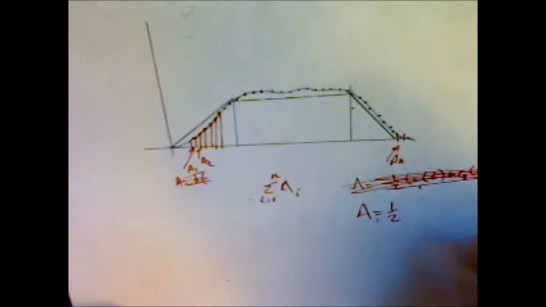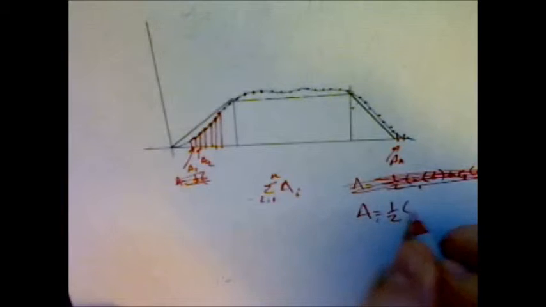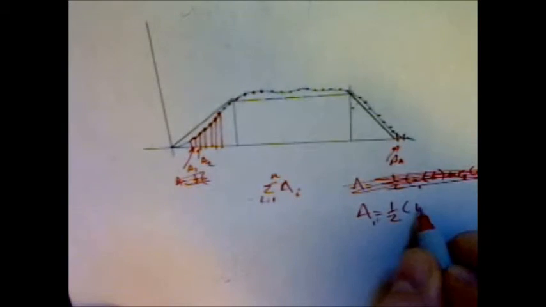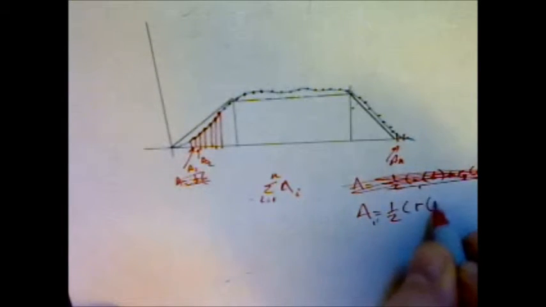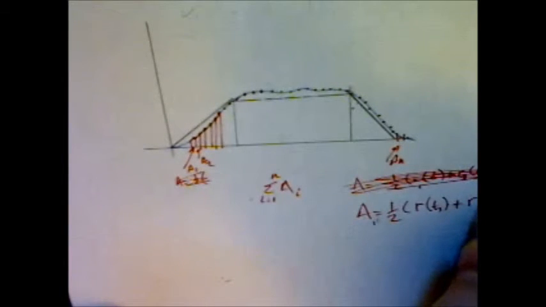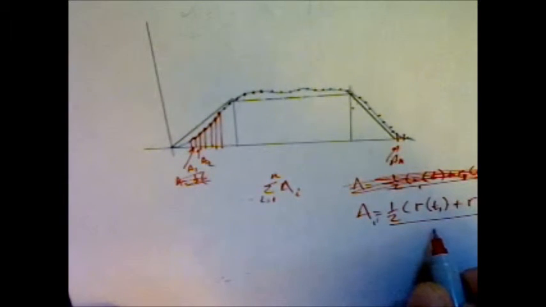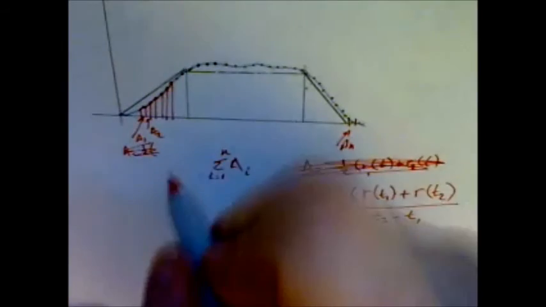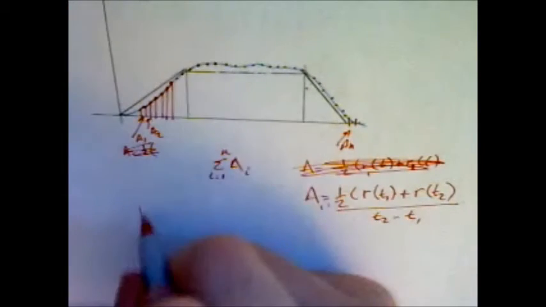A equals 1/2 times, in the case of A1, 1/2 of the rate at T1, plus the rate at T2, divided by T2 minus T1, okay, and we say that's the area, but look really close, that's the area of that, right?